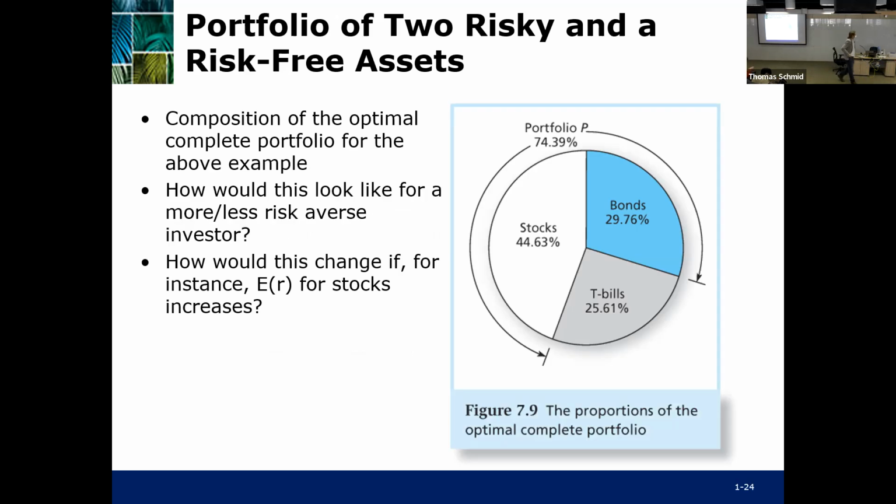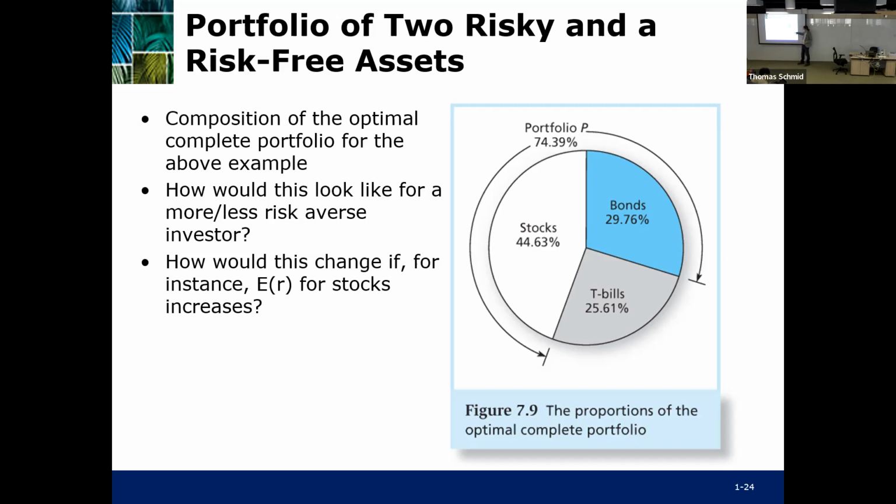Okay? So you can also illustrate that. 25% is risk-free. So in this example, it's treasuries. 75% is risky, and the weights are 40 versus 60. Okay? I think this is quite simple. Obviously, if we have a different investor with a different level of risk aversion, the relative share of the treasuries would change.